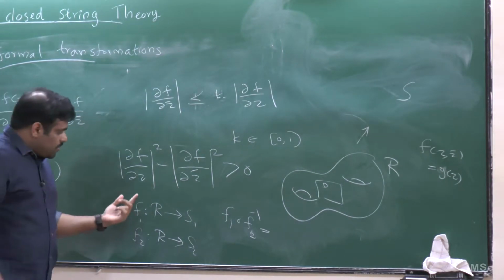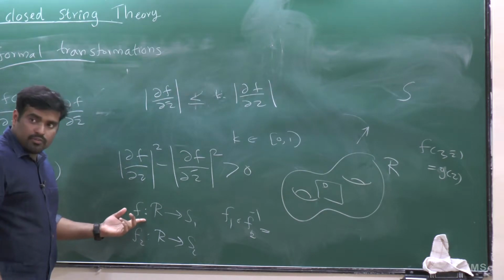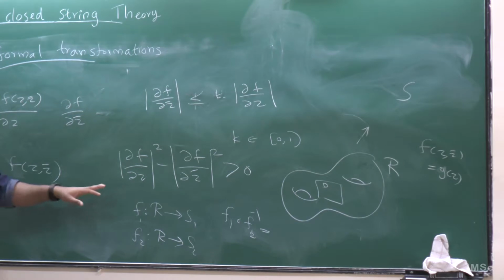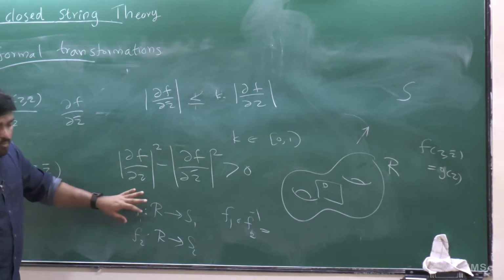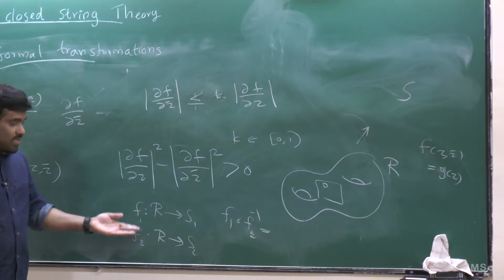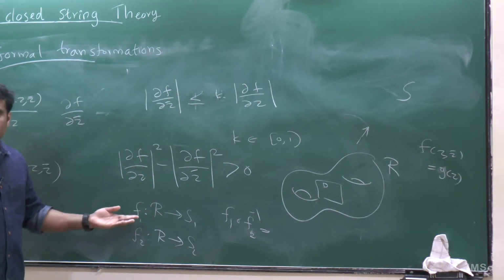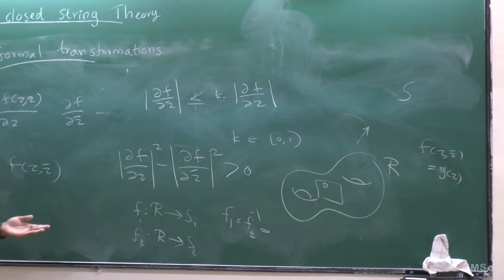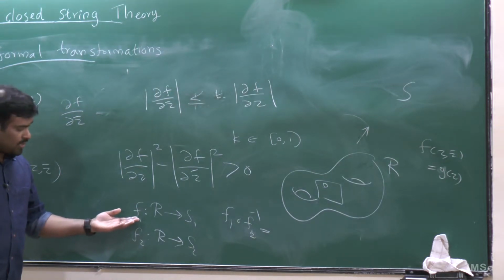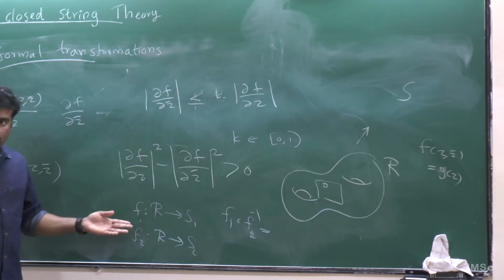So you have all possible quasi-conformal transformations, so there are so many possibilities. Let's list all possible quasi-conformal transformations that you can perform on R. And some of the quasi-conformal transformations may be doing the same job if they are connected by a conformal transformation. And if two are connected by some conformal transformation, we say that they are equivalent.